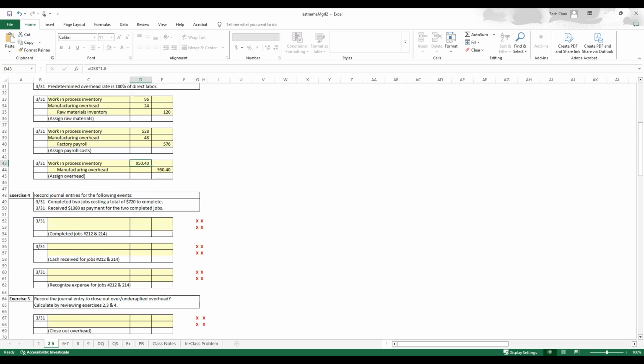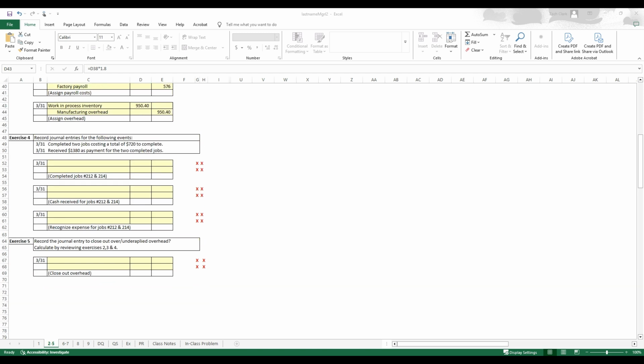Okay, let's go down to exercise number 5. So in number 5, we completed 2 jobs costing a total of $720 to complete, and we received $1,380 payment. And so we've got some compound entries to record. And the first thing is to move it.